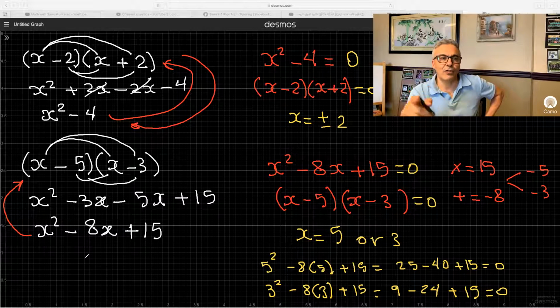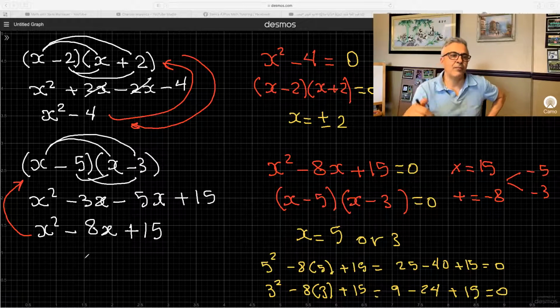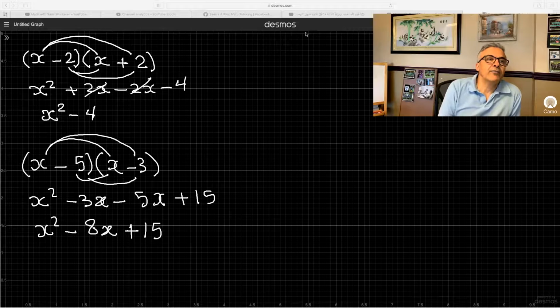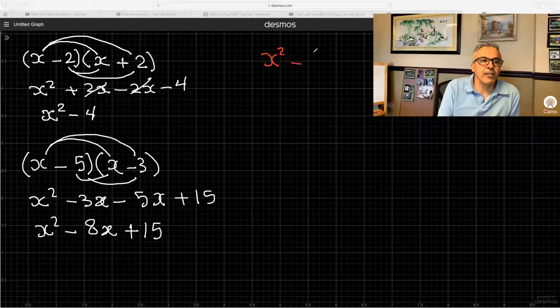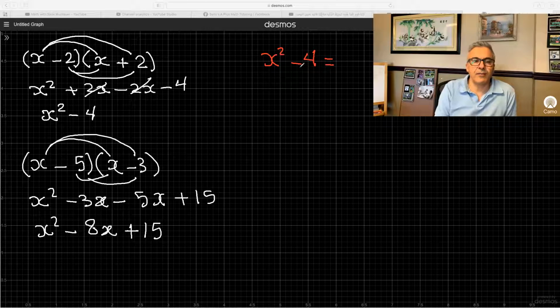And now I'm going to show you the other part and what's factoring and why we factor. Now let's look at this from a different perspective. I'm going to give you x squared minus 4, and I'm going to say factor this.